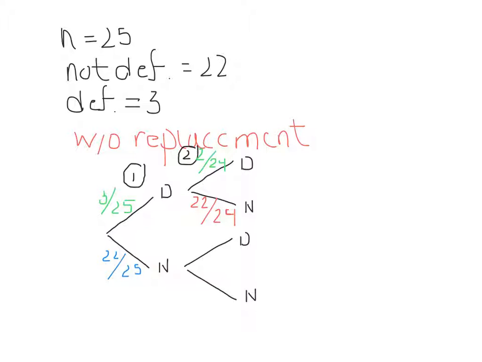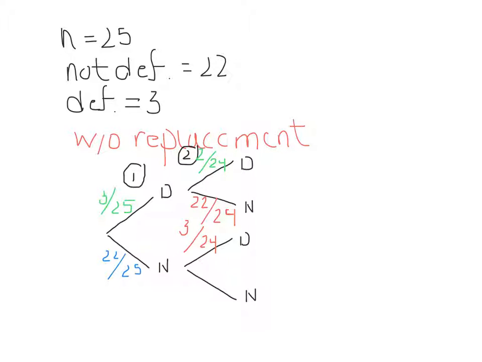Now, if the first part I picked was not defective, and I didn't put it back in the box, then I have 24 parts remaining in the box, 3 of which are still defective because I did not remove any defective from the box.